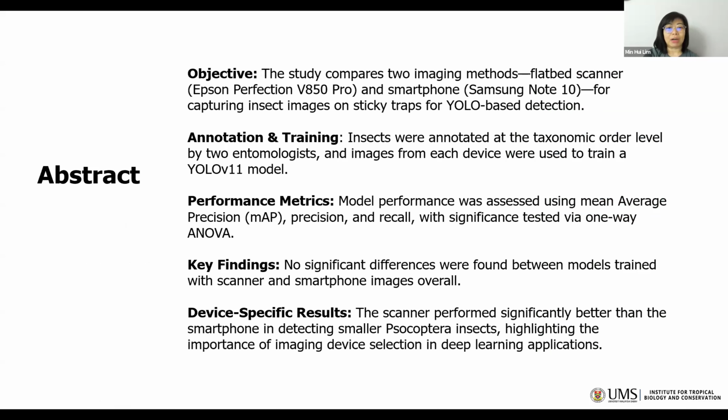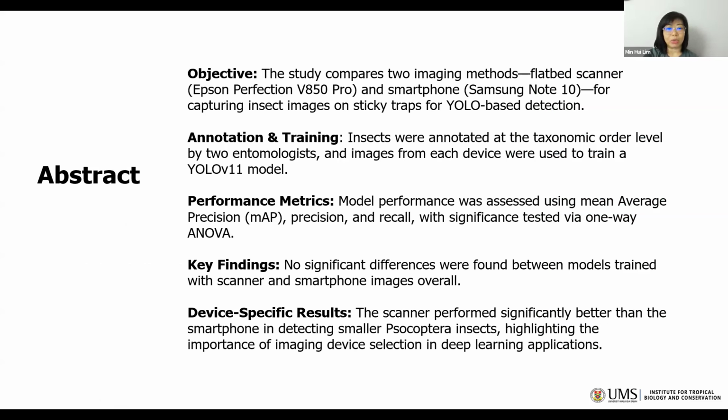Abstract: the objective of our study is to compare two imaging methods, a flatbed scanner, Epson Perfection V850 Pro, and a smartphone, Samsung Note 10, for capturing insect images on sticky traps for YOLO-based detection. We started our research by annotation and training from the insect images, where we annotated them up to taxonomy order level.